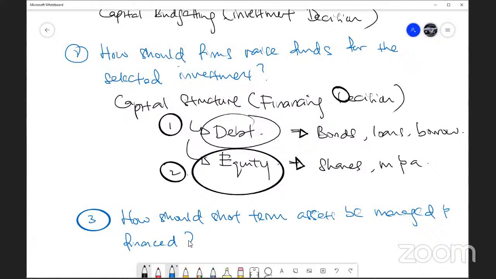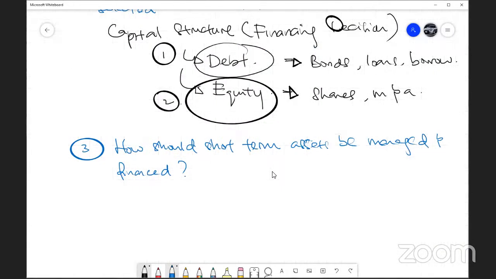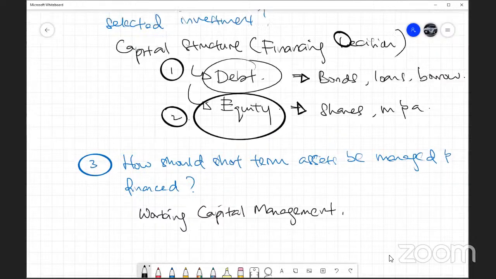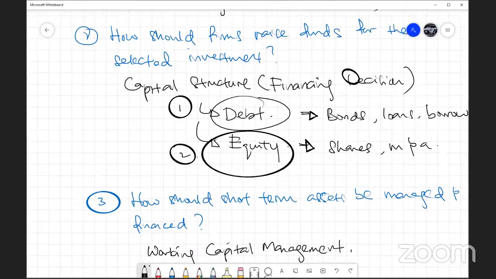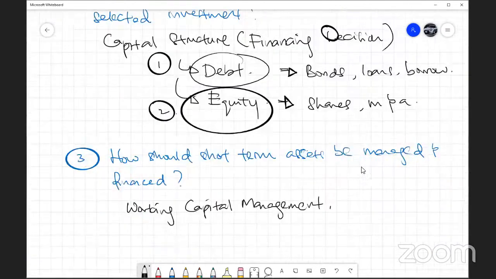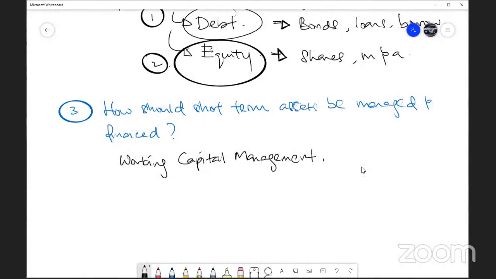This one is the last one, which is called working capital management. So for those of you from an accounting, finance or banking background, these three things are not new to you: capital budgeting, capital structure, and working capital management.